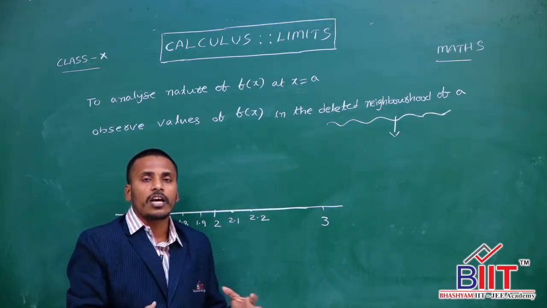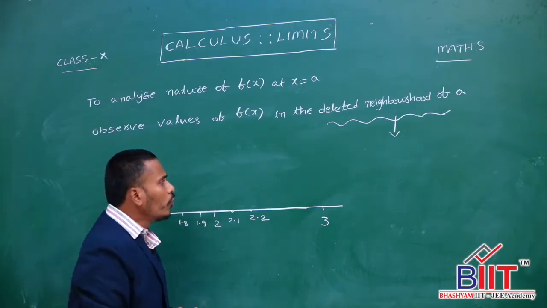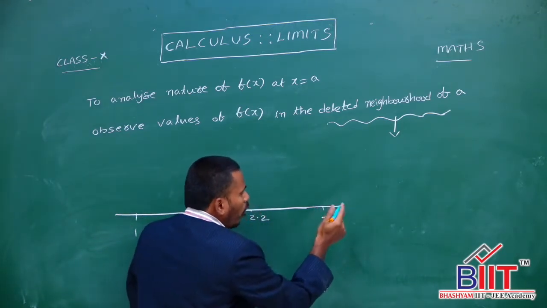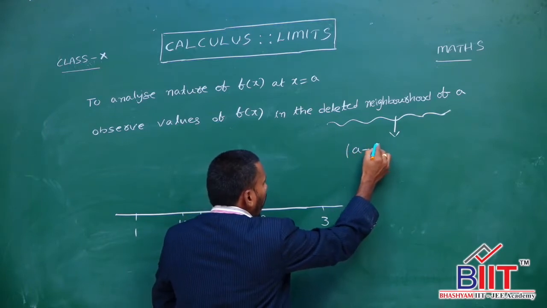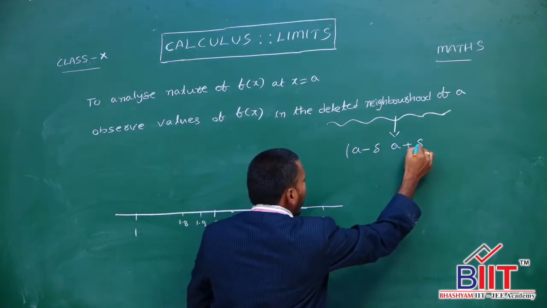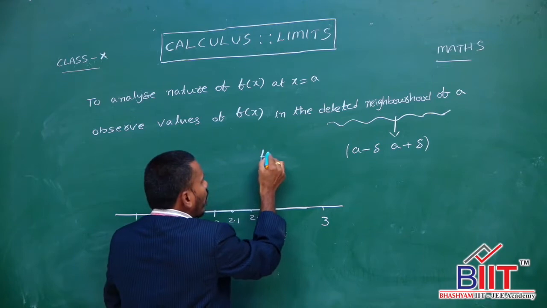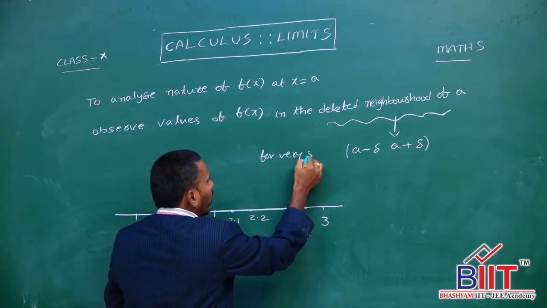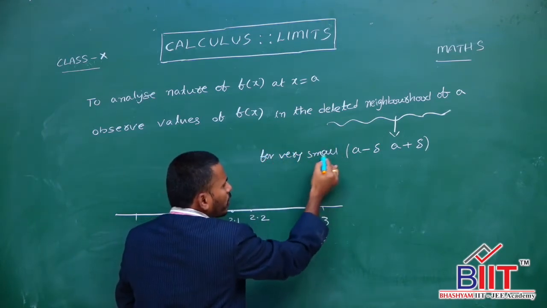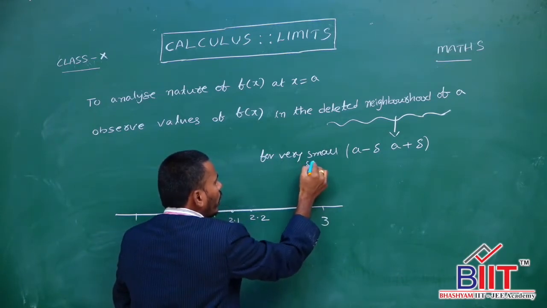Neighborhood means the surroundings of a. You need to consider a small interval in the surroundings of a. Mathematically, we represent it as a minus delta to a plus delta, for very small positive delta.